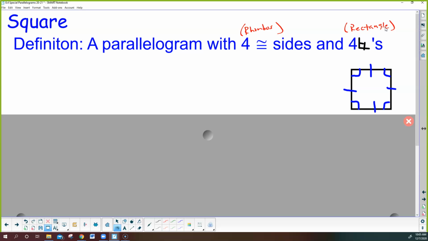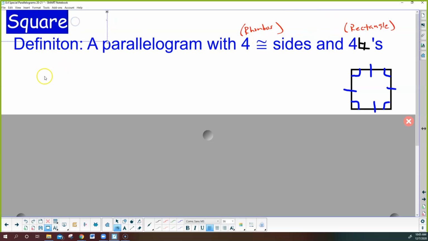Correct. A rhombus does not have four right angles. Because if a rhombus, and that's a great question to bring up right now, what if a rhombus has four right angles? Well, then we don't call it a rhombus because it's a rectangle as well. If it's both a rhombus and a rectangle, then we call it a square.